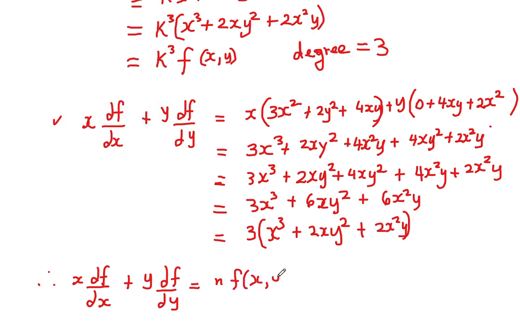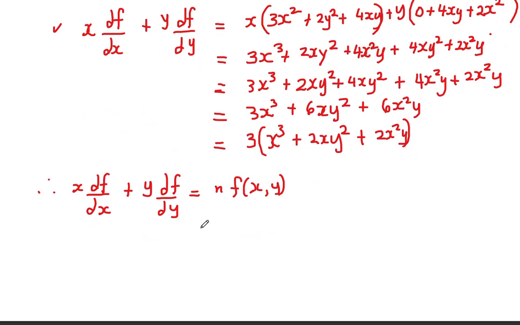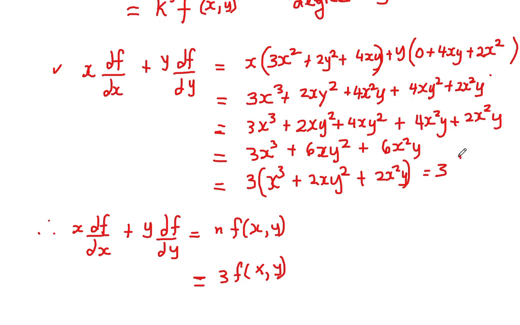Once this condition is satisfied, which it is in this case, Euler's theorem is satisfied. That is, when we found the derivative, we got 3f of xy, which is what this really is. Because as I indicated earlier, all of what is in the bracket here is f of xy. So the answer works out to be 3f of xy.